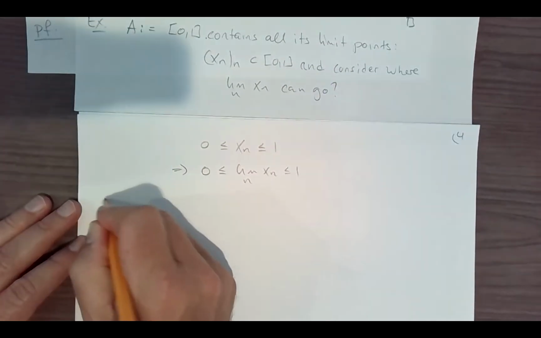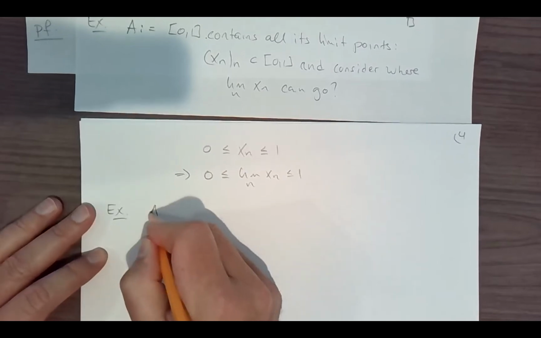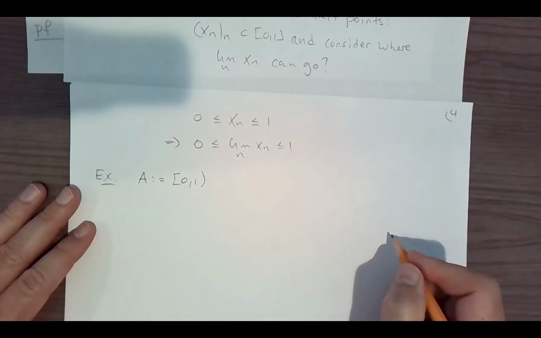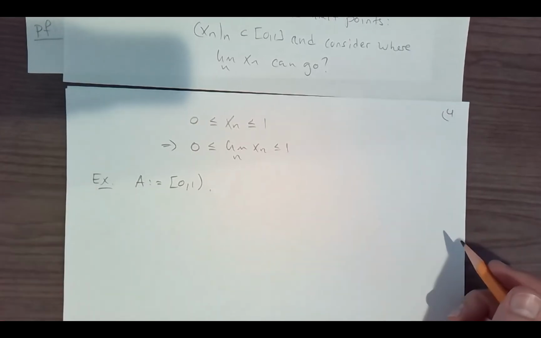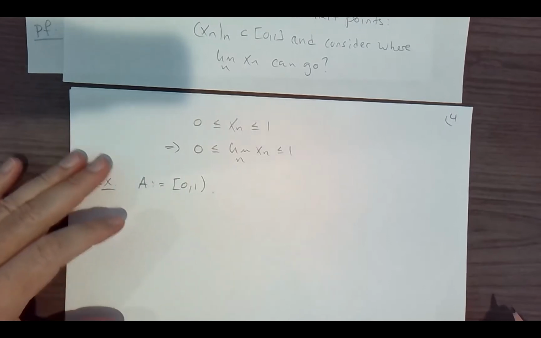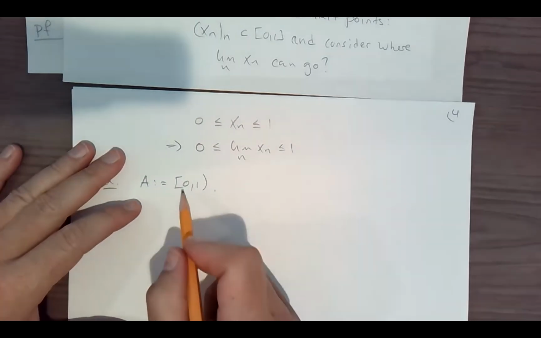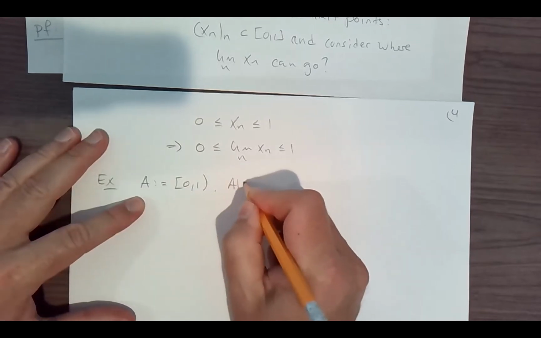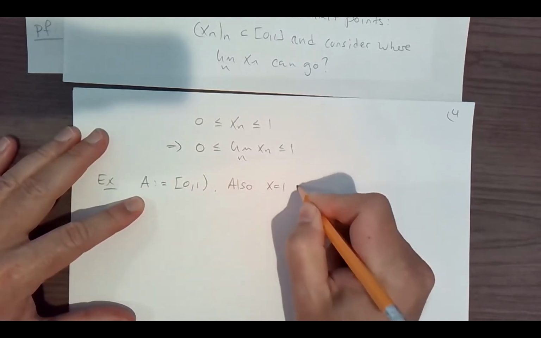What if I changed it a little bit, if I said A should be, say, 0 to 1, and I'll keep it open here. Then what are the limit points? There's going to be all the points in here, but what else? Then also x equal to 1 is a limit point.